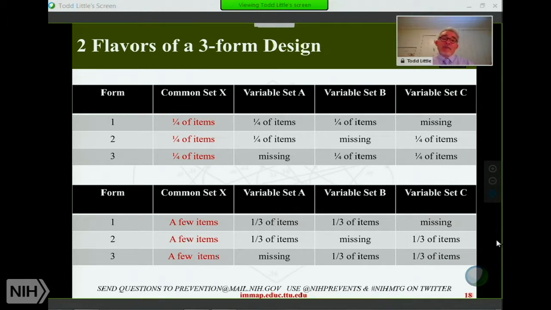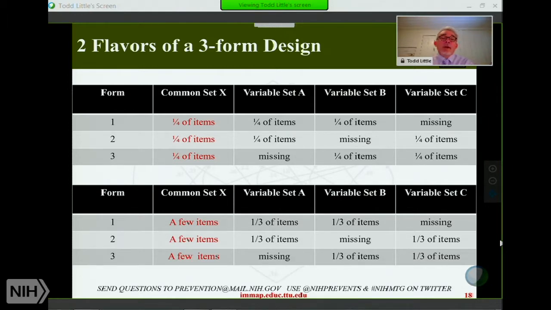So the demographic variables that are going to be critical, the gating variables that you might need to know about, those are good candidates to put into the X set. For those constructs that have multiple indicators, those are great candidates to start taking those items and to spread them across variable sets A, B, and C.